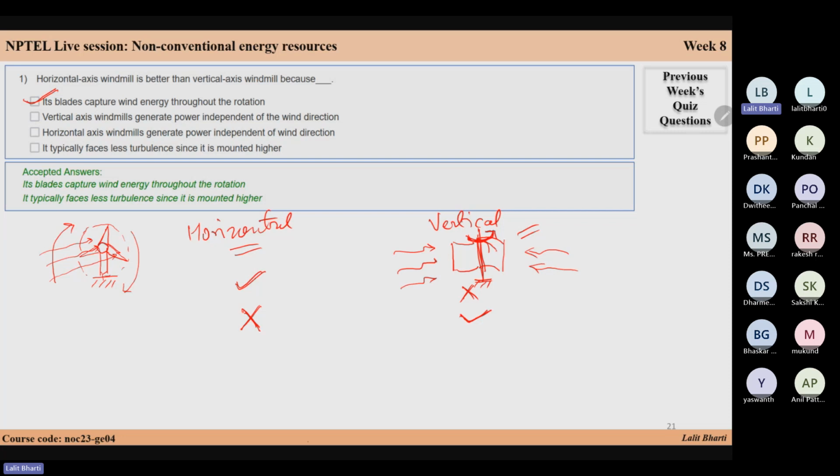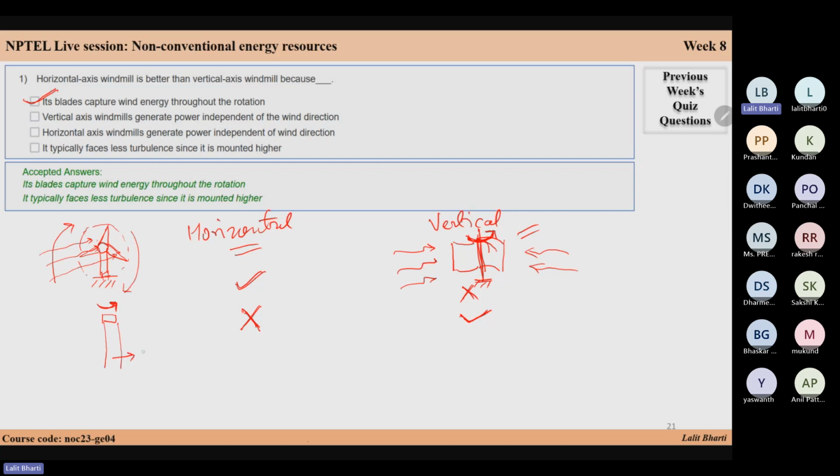Although some changes are made in the horizontal type, because in most cases the direction of your turbine, the direction of your blades facing the wind, can be changed, or basically it is on a bearing.